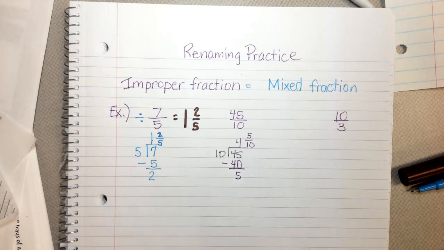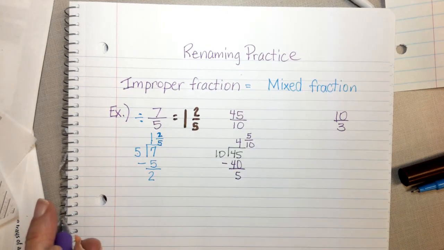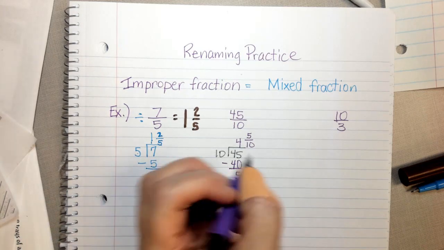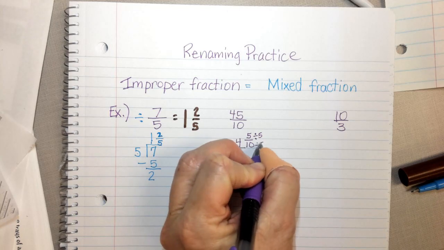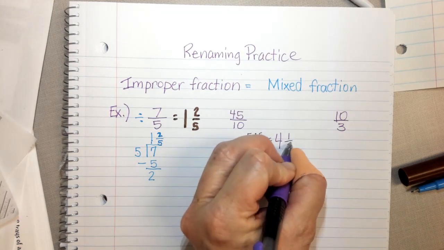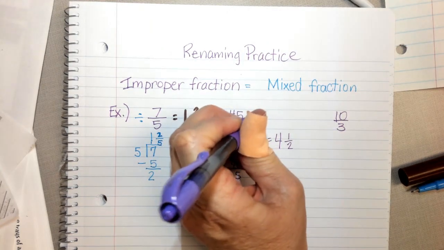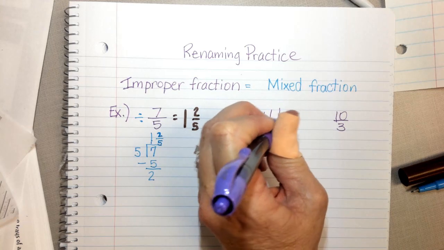What is another name for 5/10? 1/2. That's right, because we can divide the top by 5 and the bottom by 5. And we will end up getting 4 1/2. So our mixed fraction equivalent is 4 1/2.